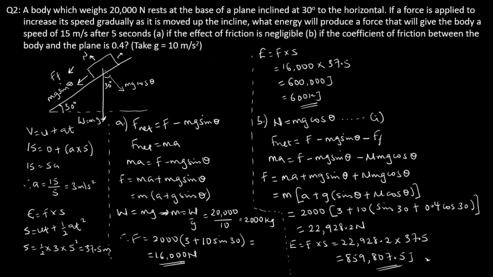That's approximately 860 kilojoules. So this is the energy that would be expended if there is friction. You can compare both energies and see that we would spend more energy in trying to overcome friction than we would if there were no friction at all.